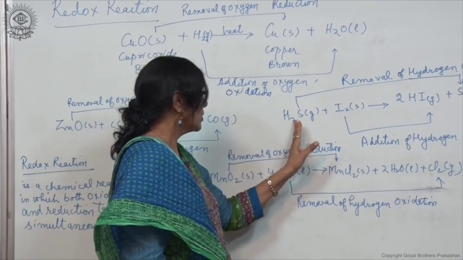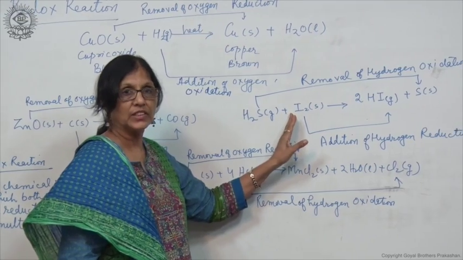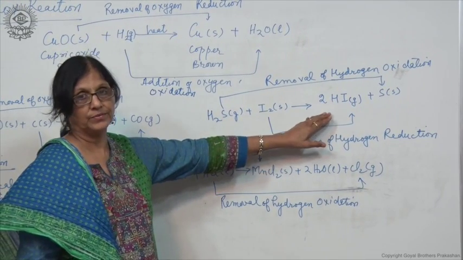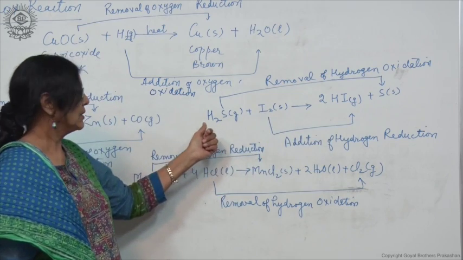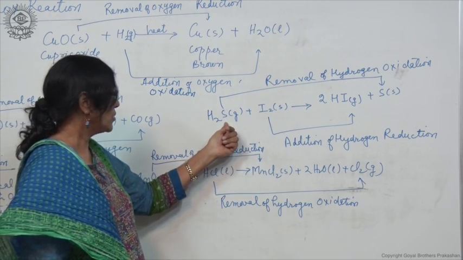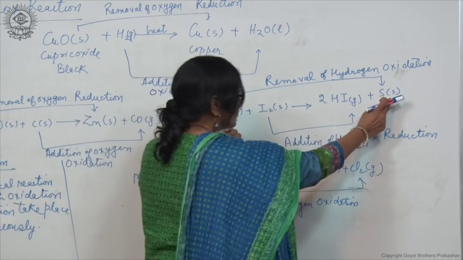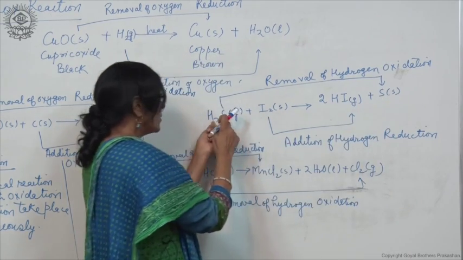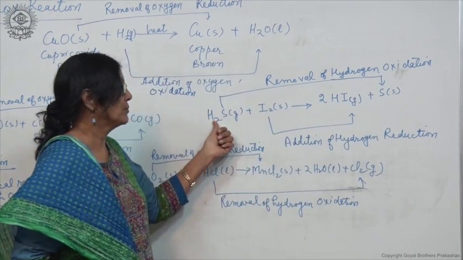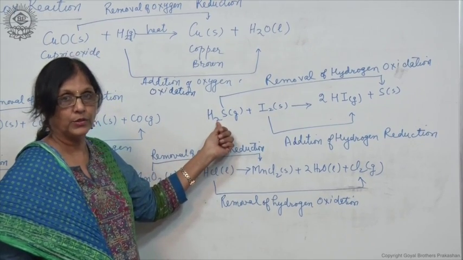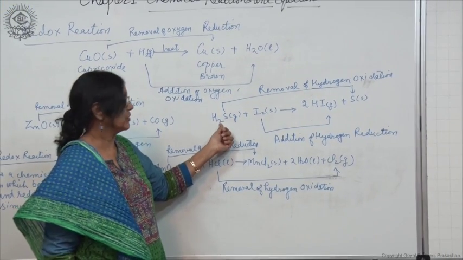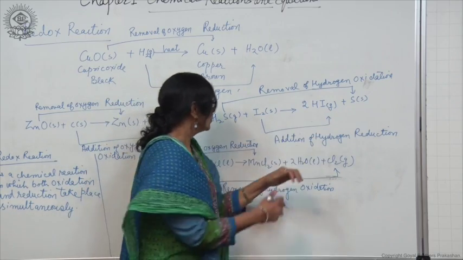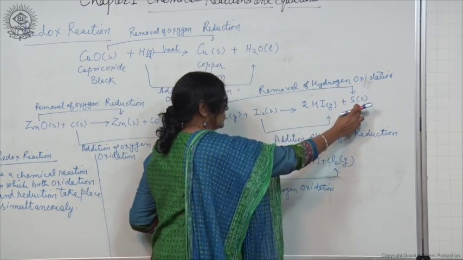Now, in this case hydrogen sulfide is reacting with iodine and it is forming hydrogen iodide and sulfur. Now, you can see that H2S is forming sulfur. So, what is taking place here? From H2S hydrogen has been removed, and what is removal of hydrogen? It is called oxidation. So, hydrogen sulfide is getting oxidized to sulfur.